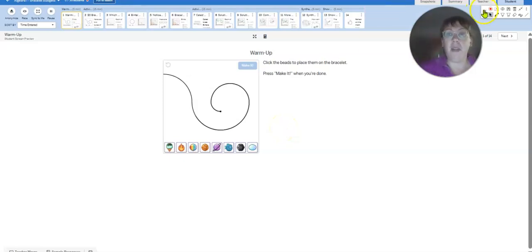All right, friends, we're going to be looking at our lesson 2.13, which is about bracelet budgets. So on the warm up, you can click the beads to place them on the bracelet, and then you're going to hit make it when you're done. So you're just going to take some time making a little bracelet that fits what you like.